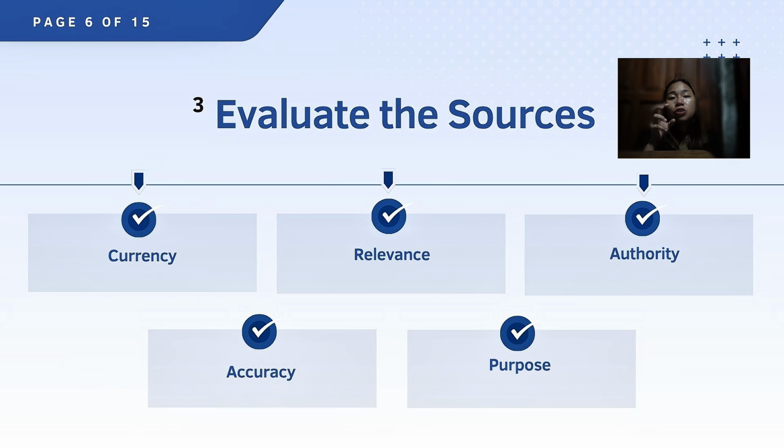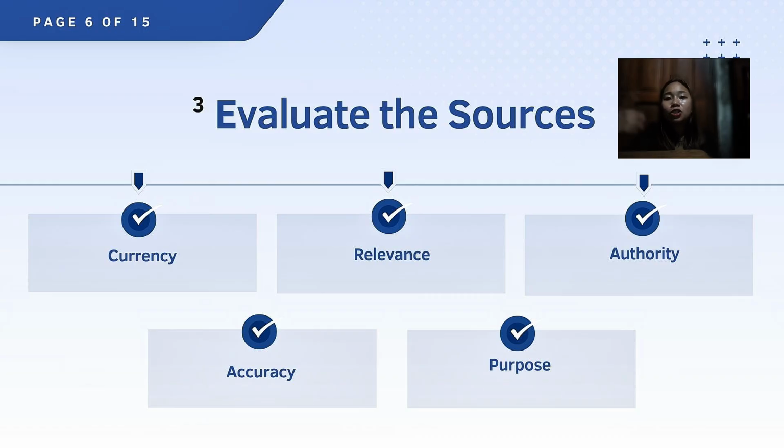We also need to determine whether those sources are credible and trustworthy. Remember, not everything we read online is accurate. So, to evaluate a source, we use these five criteria: currency, relevance, authority, accuracy, purpose.